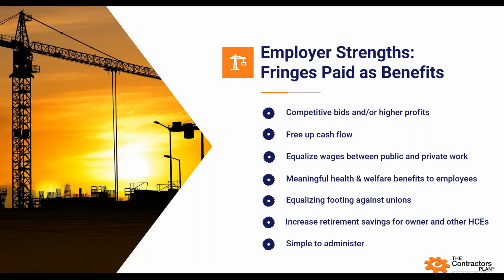Probably not. Can you reduce your materials costs? Probably not. If you're an electrician, you're probably getting your Romex for the same price as everybody else. And so your wages under prevailing wage by definition are set. And so now you're really putting yourself at a disadvantage.